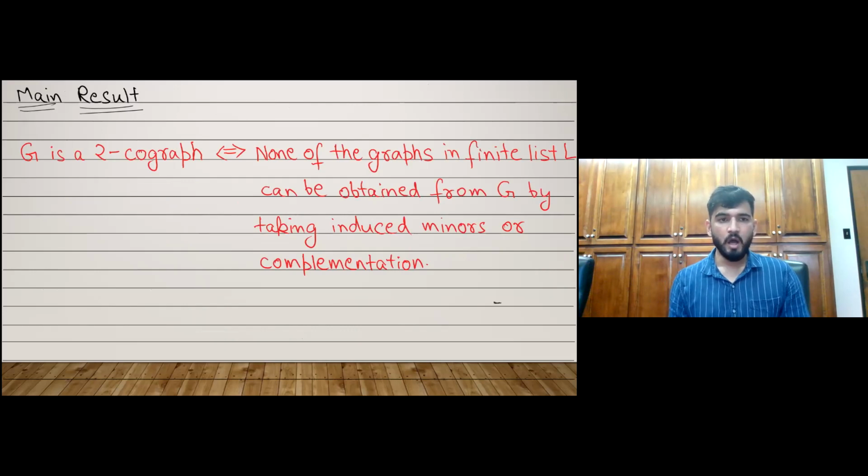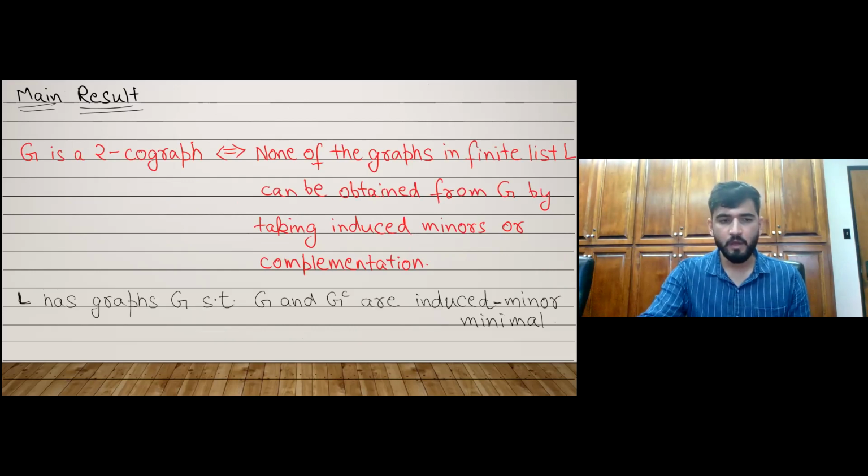G is a two-cograph if and only if none of the graphs in a finite list L, which we found, can be obtained from G by taking induced minors or complementation. So what are the graphs in this finite list L? This finite list L has graphs G such that both G and G complement are induced minor minimal non-two-cographs.